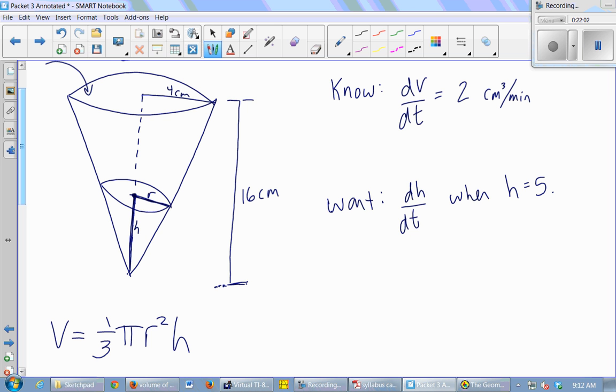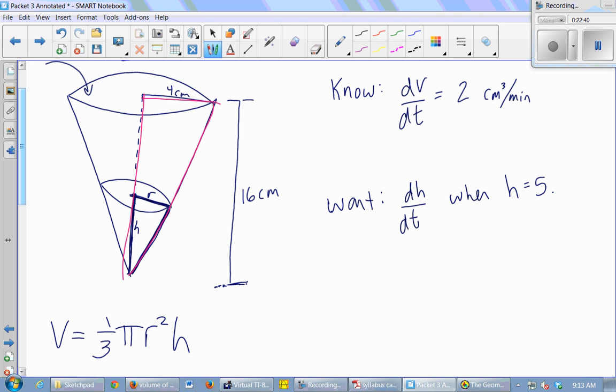Can I relate them somehow? Let me give you a hint. What's that shape I just outlined? A triangle. A similar triangle, similar to the little purple one.